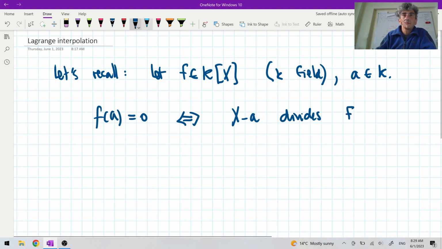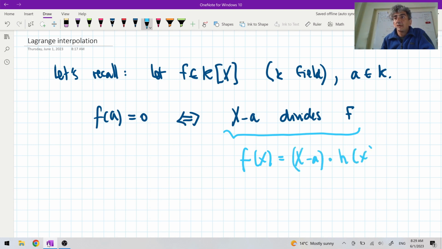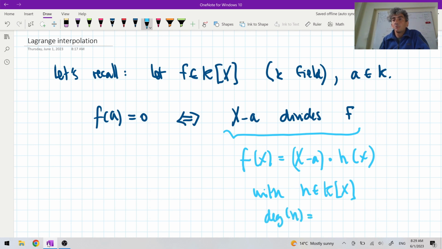What does this mean? That f of x can be written as x minus a times a polynomial h of x, with degree strictly one less than the degree of f. The degree of h is the degree of f minus 1.